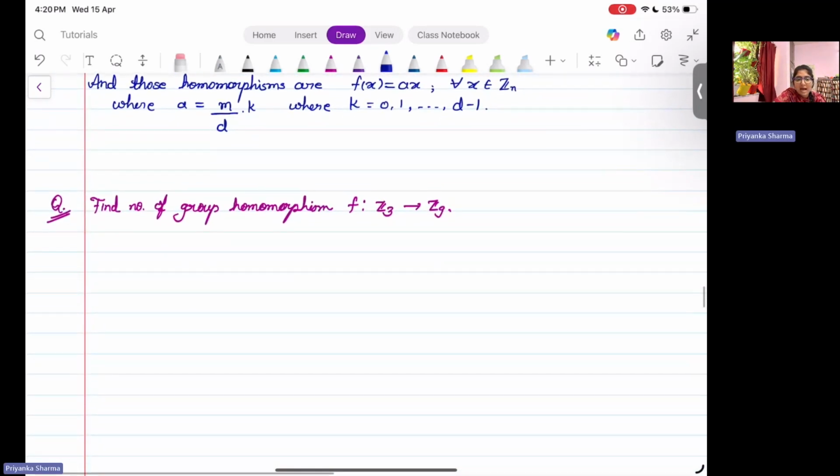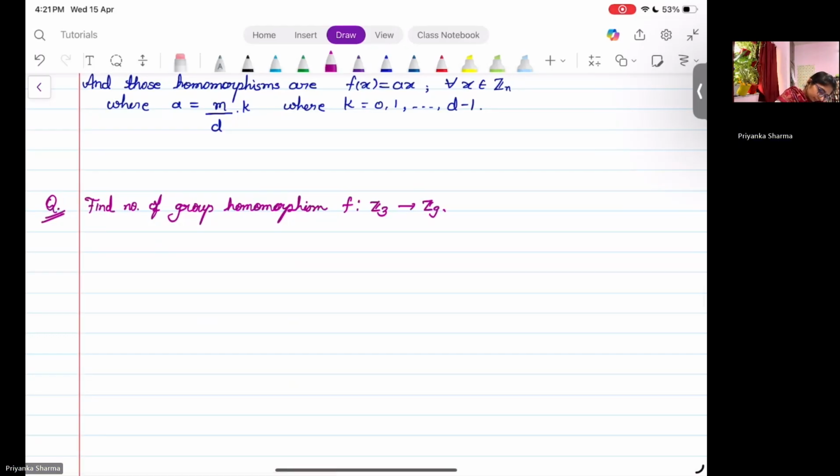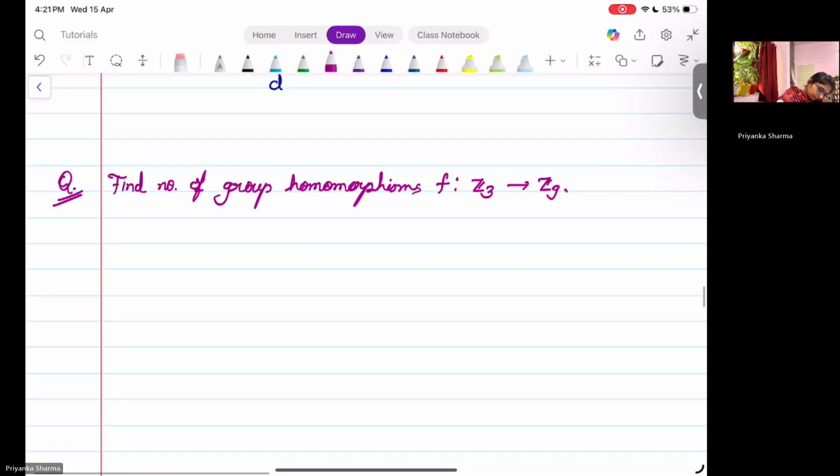So we can have a particular example based on this. We need to find the number of group homomorphisms f from Z3 to Z9. See the solution.